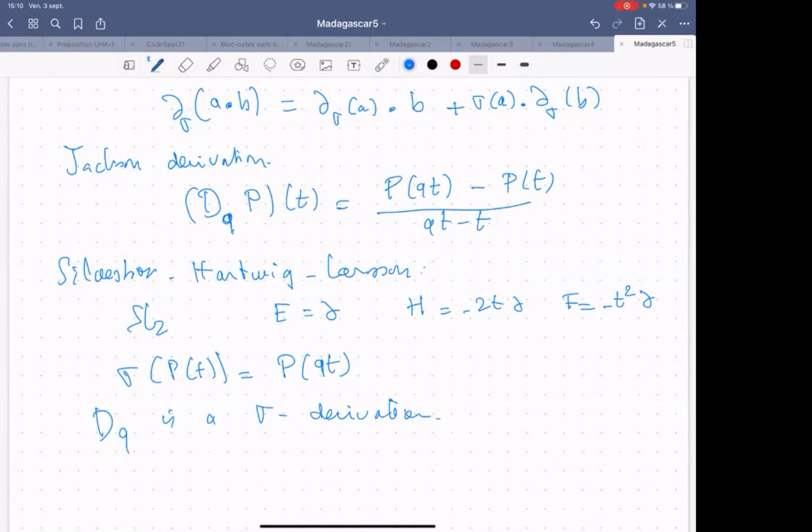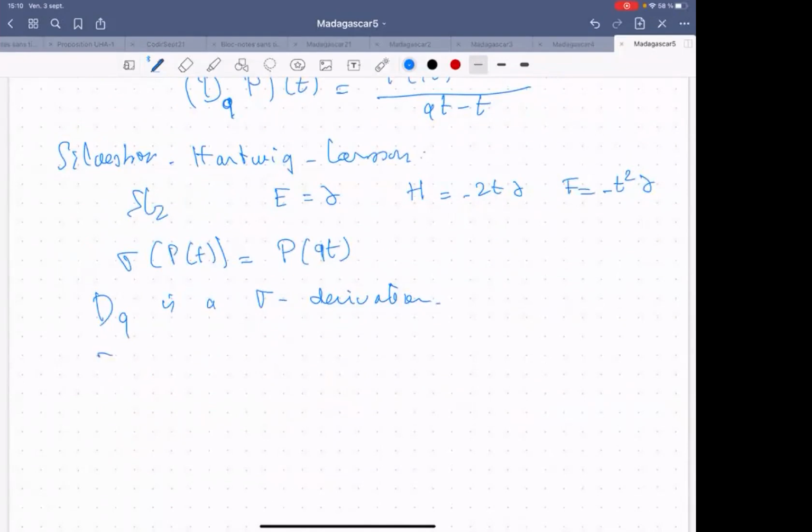Then usually how do we construct this vector field algebra? We take the commutator. And what about the commutator here? Well, what was considered in the literature, and also by Sergei and his collaborators, was this.